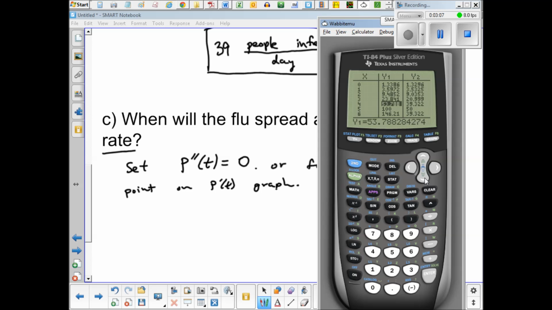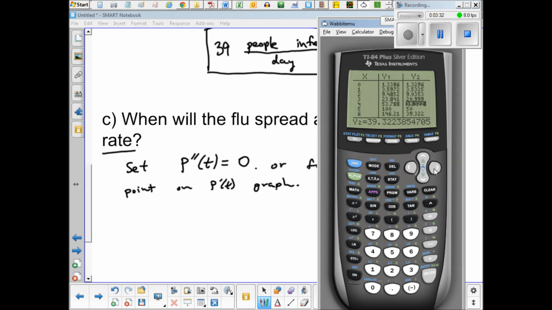So the first column, y1, is the number of people infected. The second column is the rate at which people are getting infected at that time. Okay, so for example, on the 4th day, there are 53 people sick, and the rate is 39. This number 39 is the number we got for part B over the 4th day.